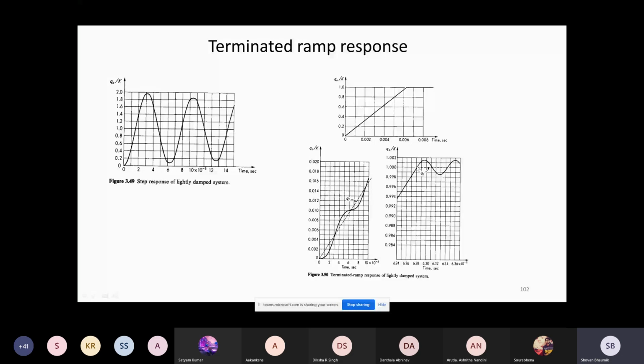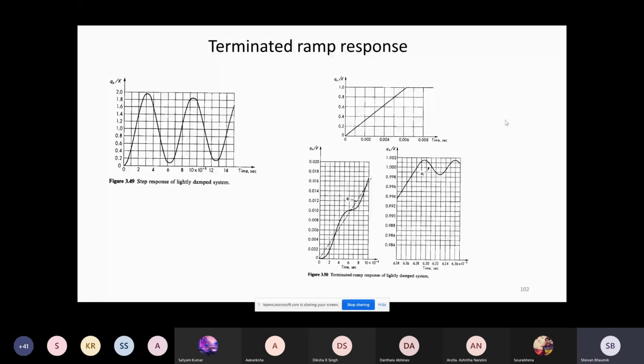This is a very important conclusion, I think on the last slide. If we use a system which has a very, very small damping coefficient zeta, and you give a perfect step, it will just oscillate.